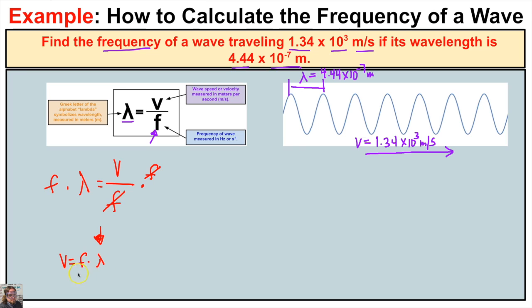But we're trying to figure out the frequency of this wave, so we now divide both sides by wavelength, or lambda. Wavelength cancels from the right hand side, and the formula we're going to use to solve this problem is frequency equaling velocity, or wave speed, divided by wavelength.